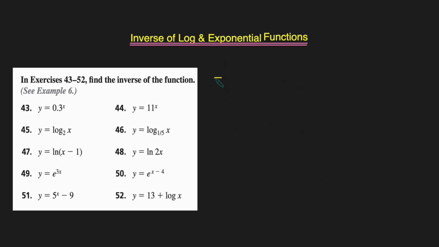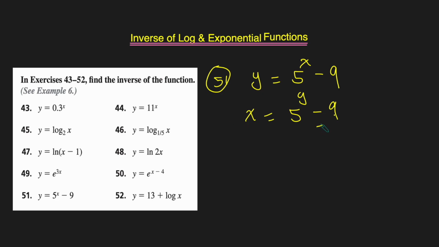Problem number 51. I have y equals 5 to the x minus 9. I switch the x and the y: x equals 5 to the y minus 9. Since I need to isolate the y, I have to move this to the other side first, plus 9.